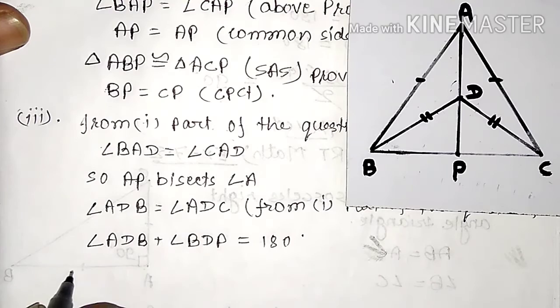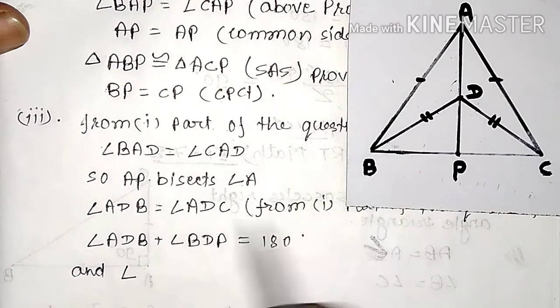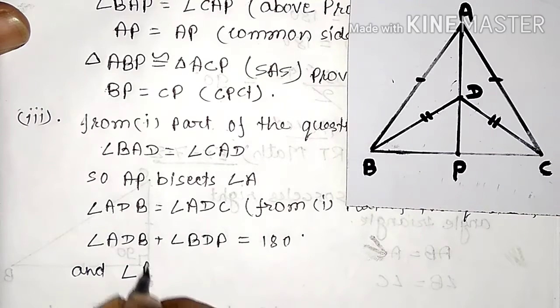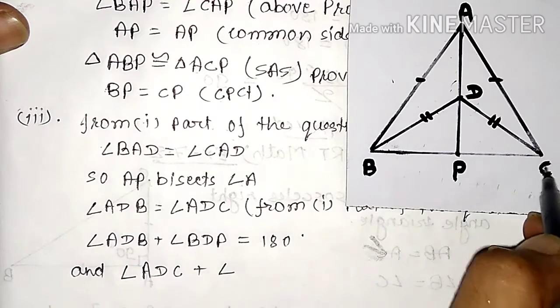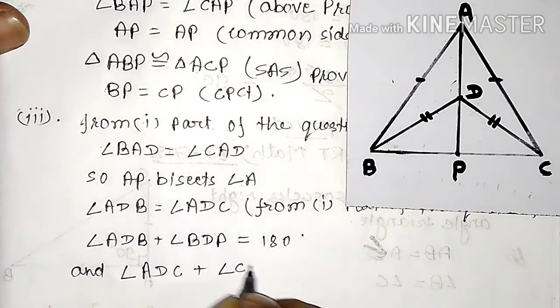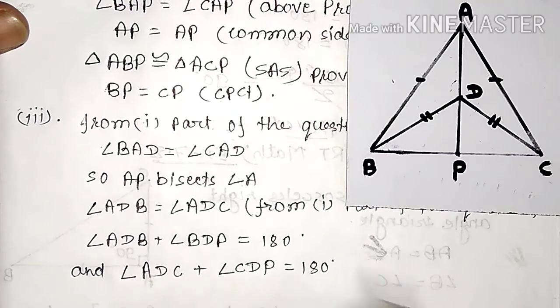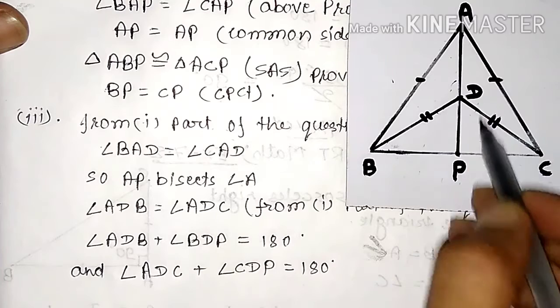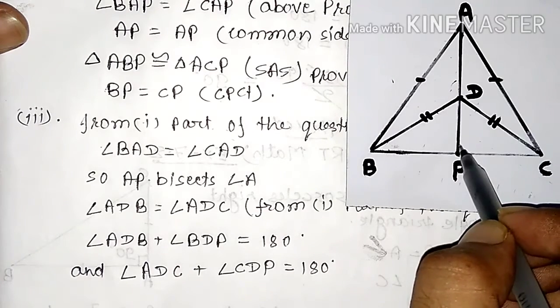and angle ADC plus angle CDP is equal to also 180 degrees, because both the angles are on the same straight line.